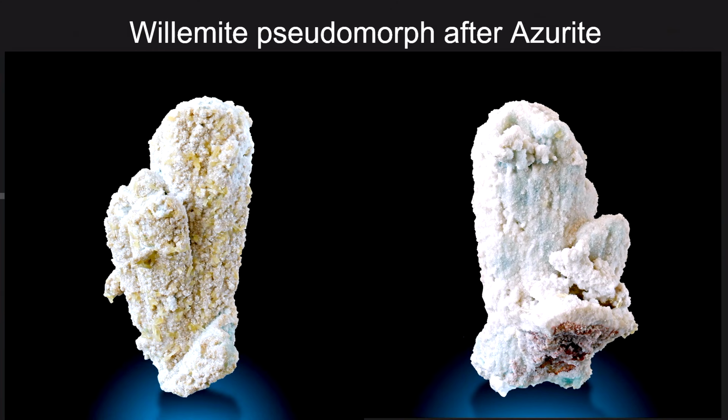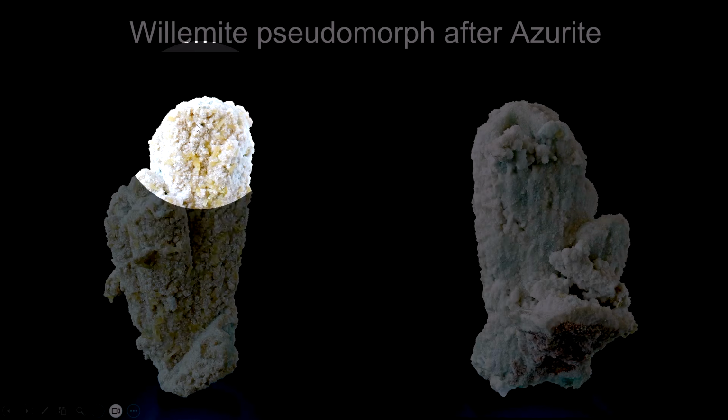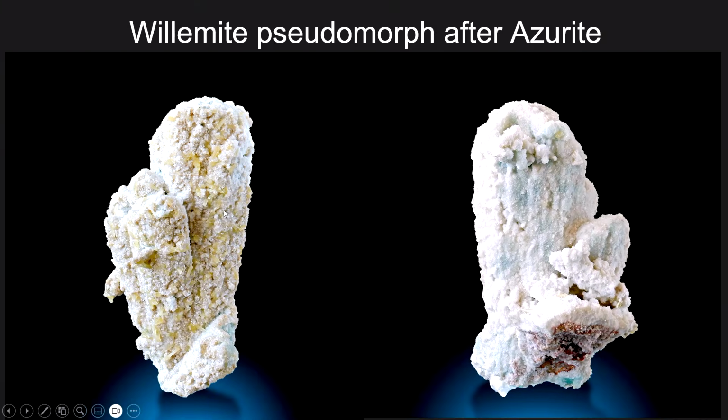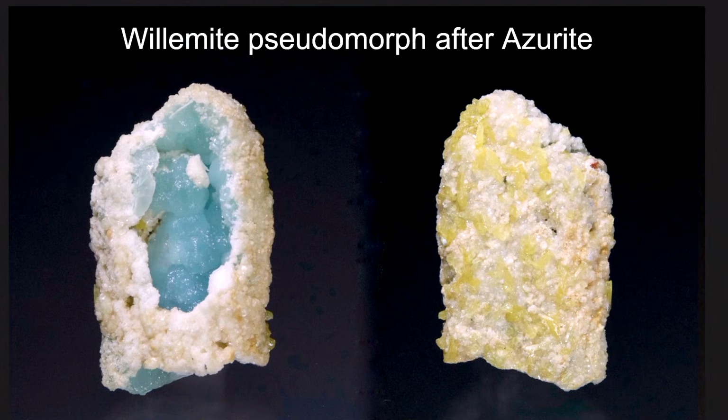These are willemite pseudomorphs, and again, you can see the little mimetite on the surface. These willemite pseudomorphs after azurite sometimes are solid, but other times they are hollow, as in this case. And when they are hollow and you see inside, you can see this bubbly botryoidal formation of willemite.